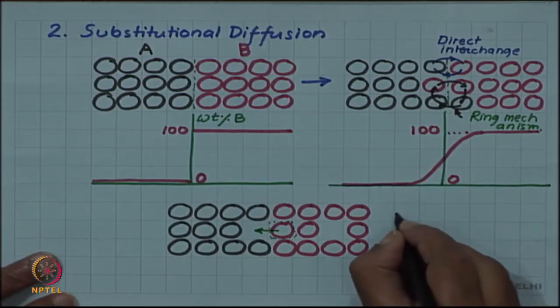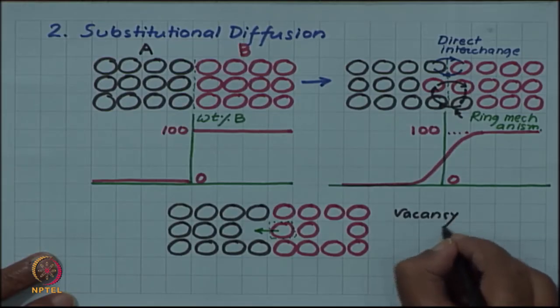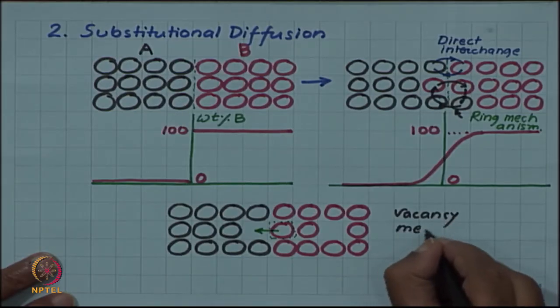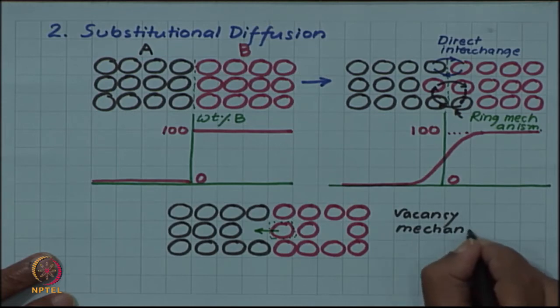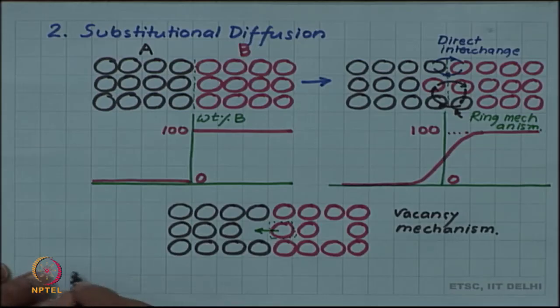So, this is the vacancy mechanism, which means an atom jumps into a neighboring vacant site.